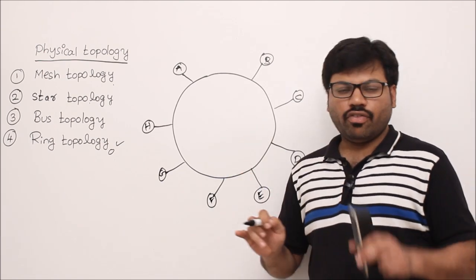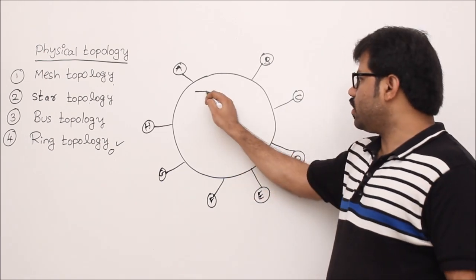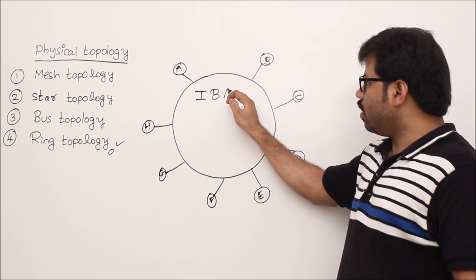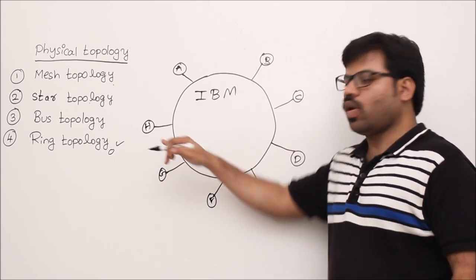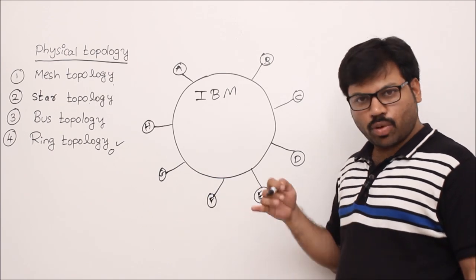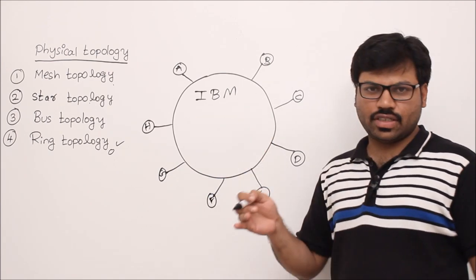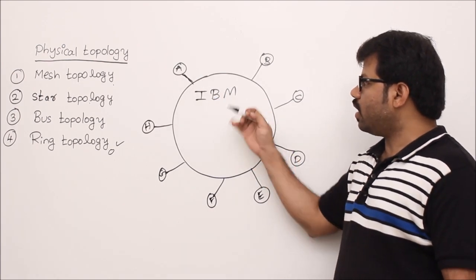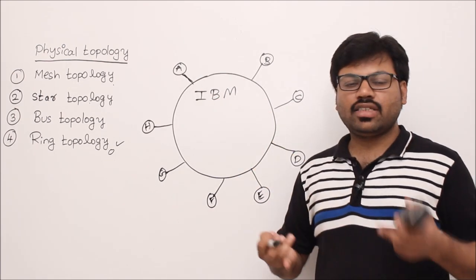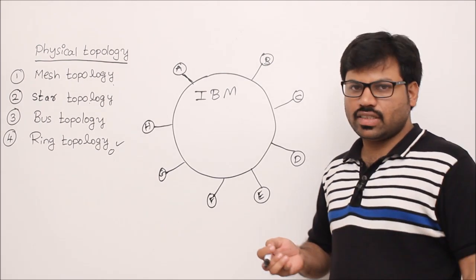There are various mechanisms. One mechanism was introduced by IBM people. They connected their computers in a ring topology and introduced some protocols for governing the communication, so that communication takes place in a peaceful way, without collisions and everything.